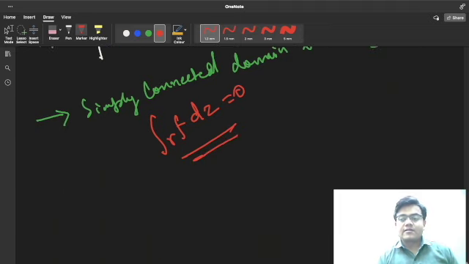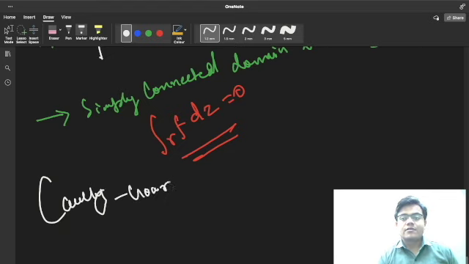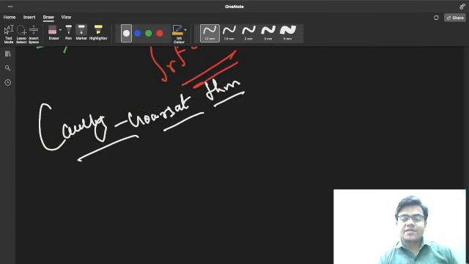But there are some more statements shared by the Cauchy-Goursat theorem. Yes, some extension of this statement is also there.